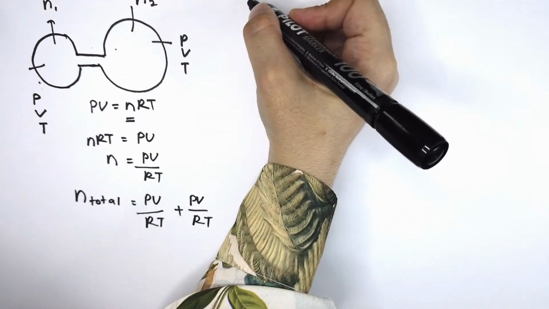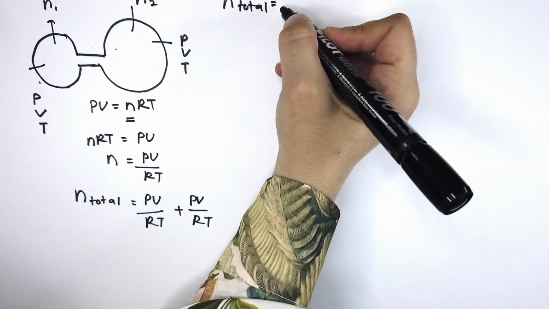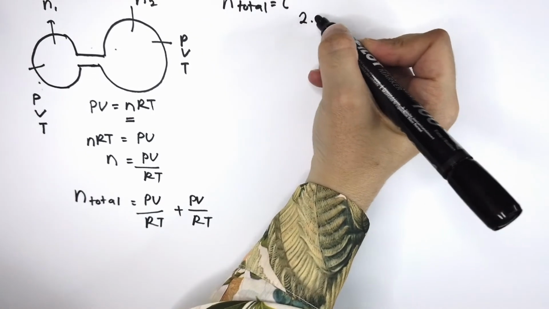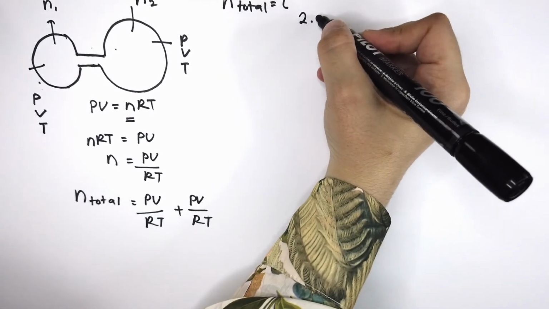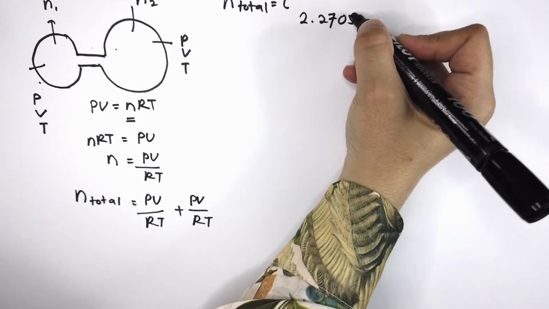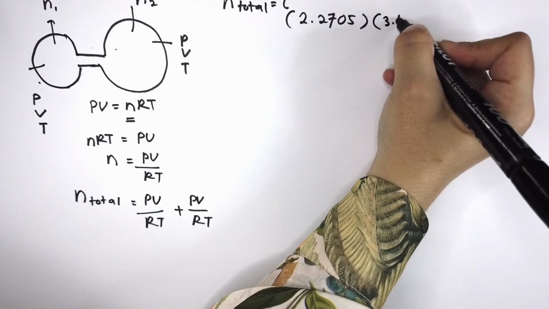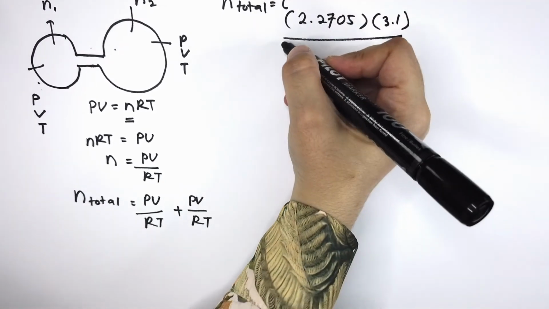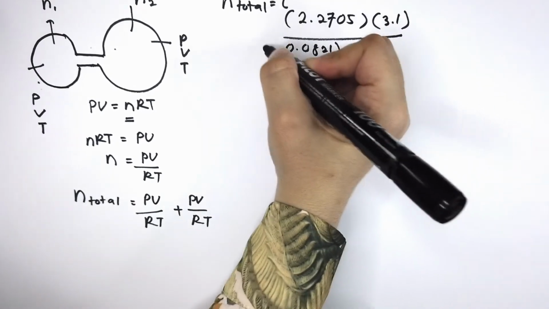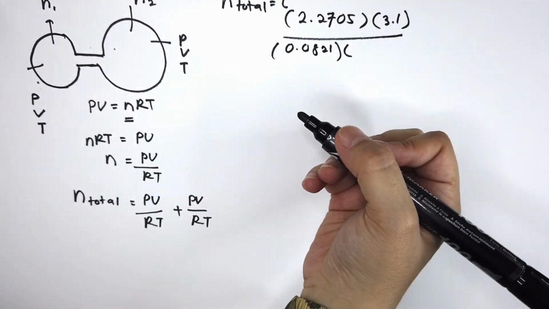Therefore, n total shall be 2.2705 times 3.1 over 0.0821 times the initial temperature, which is 17.